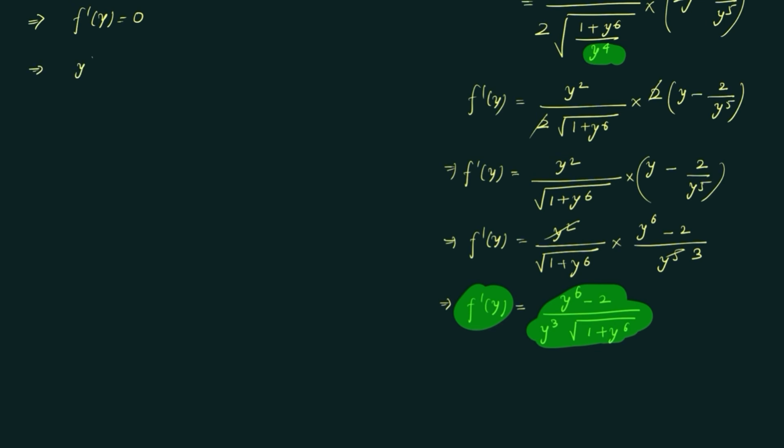That means y to the power 6 minus 2 by y cube square root of 1 plus y to the power 6 will be equal to 0. On cross multiplying, we will get y to the power 6 minus 2 equals 0, and y to the power 6 will be equal to 2. That means the value of y will be equal to 2 to the power 1 by 6.